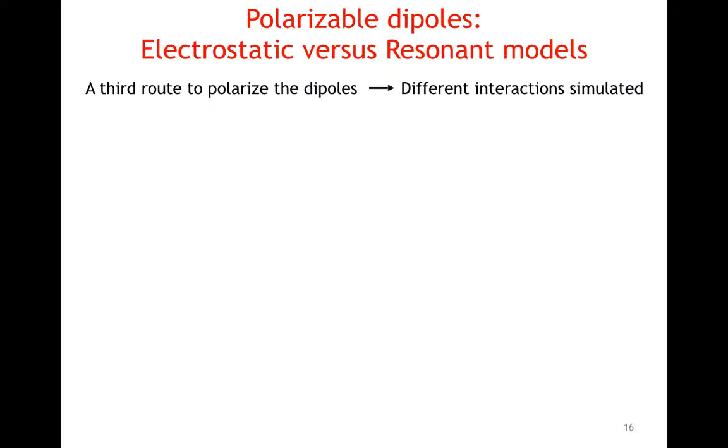So what are we doing when we follow the resonant or linear response polarization? In this case, we are simulating a different kind of interaction with respect to the ones that we were describing using state-specific polarization.